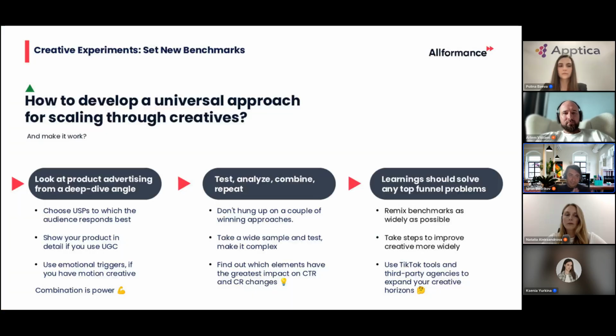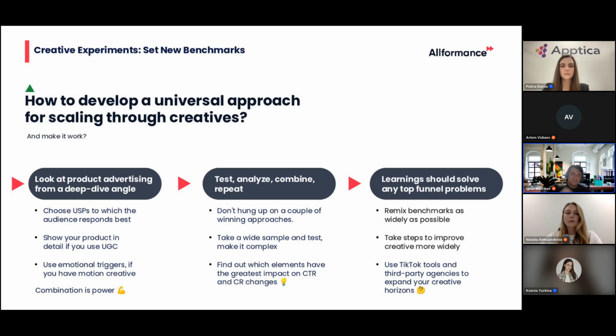Okay, let's start with the first: how to develop a universal approach for scaling through creatives and make it work. We have 3 steps. It's not so easy, but it's really important. The first step is to look at product advertising from a deep-dive angle.